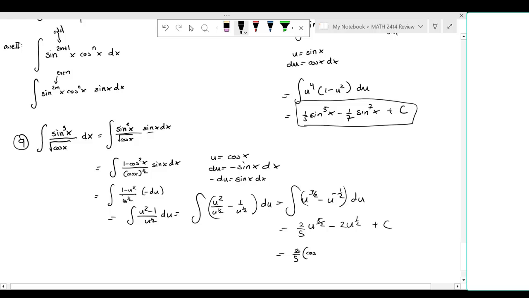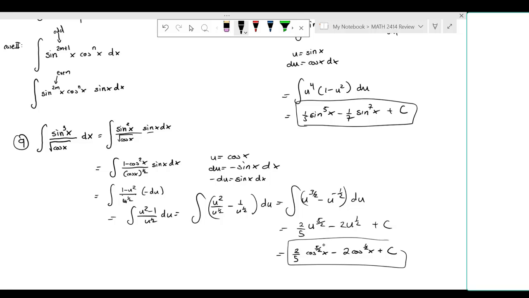Back substitute. Okay, so that's the antiderivative for case 2 with a power for sine that is odd.